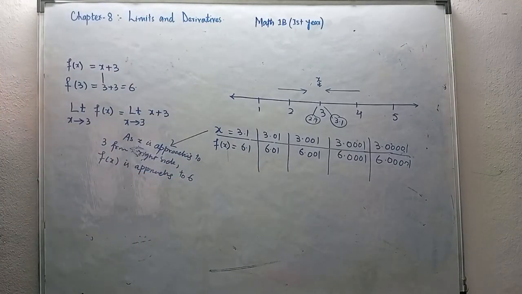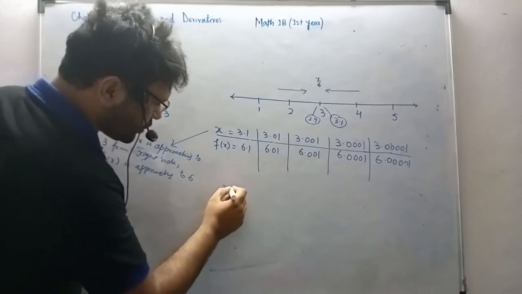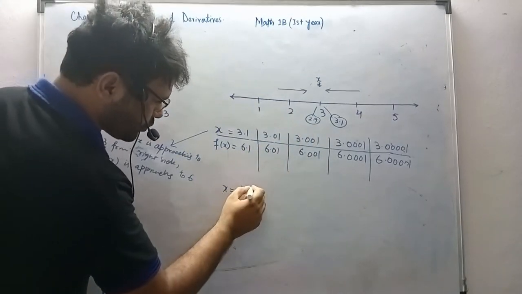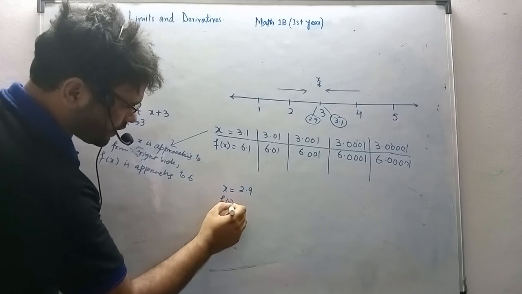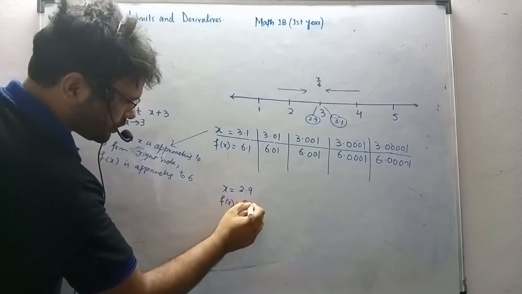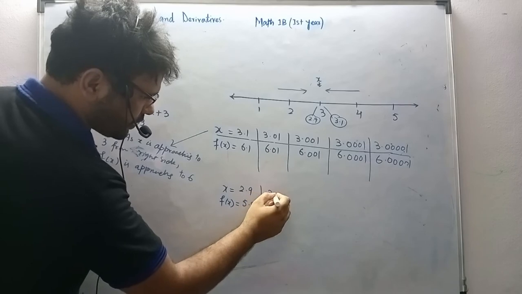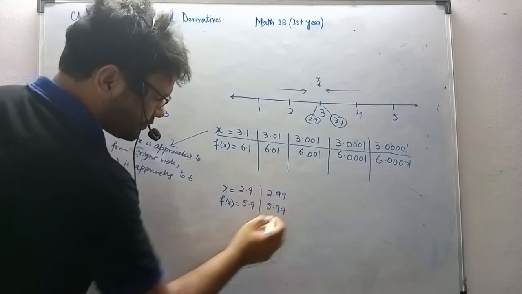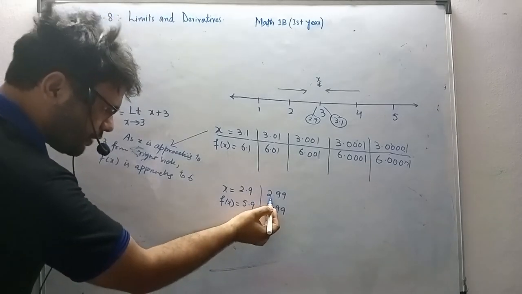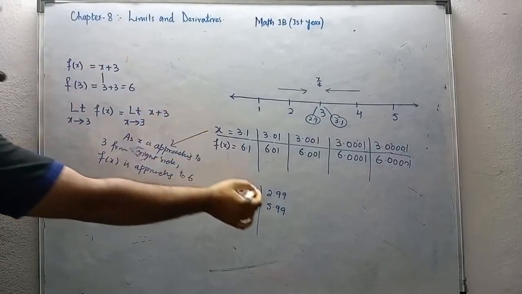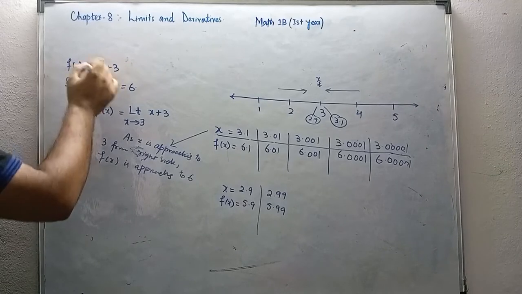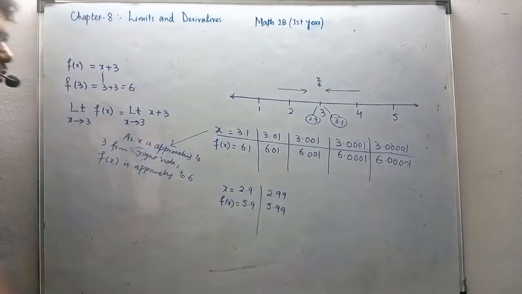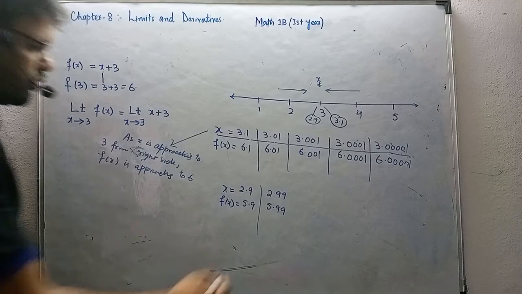Now I will check the left side. When x equals the closer point 2.9, f(x) I will get is 5.9. Now the next point I will take is 2.99, and f(x) I will get is 5.99. Why? Because when I put the value of x, 2.99, here, 3 plus 2.99, I get 5.99.